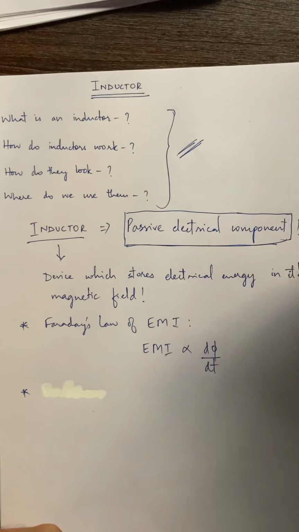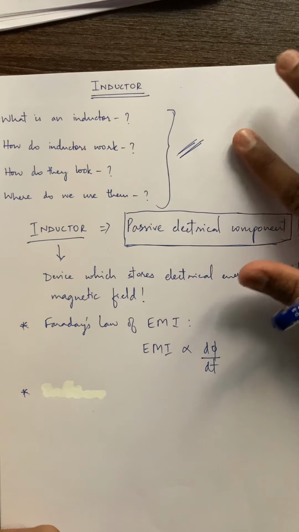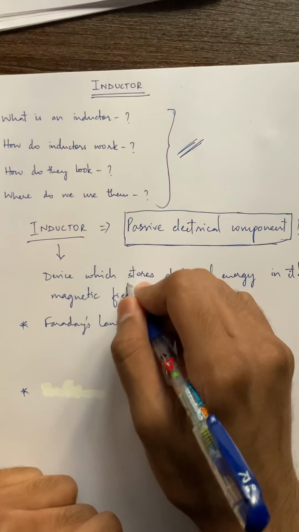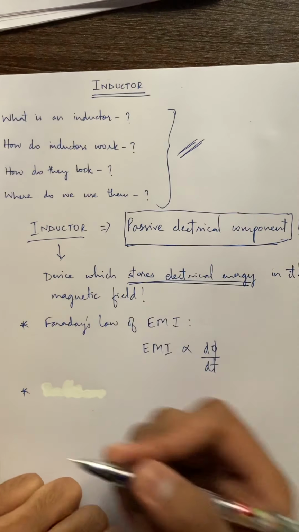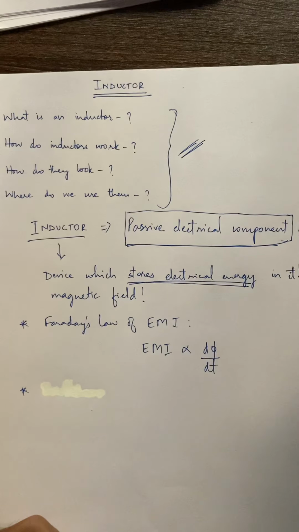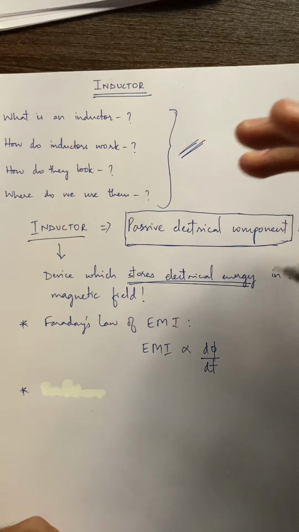A passive electrical component cannot produce energy but can store energy, or dissipate energy across it. Examples of passive electrical components are inductors, thermistors, capacitors, etc.